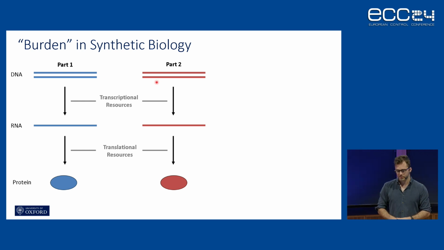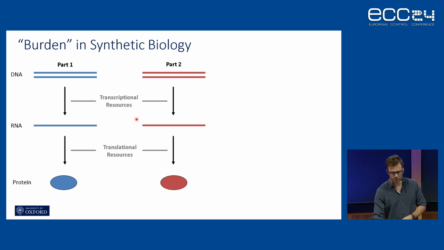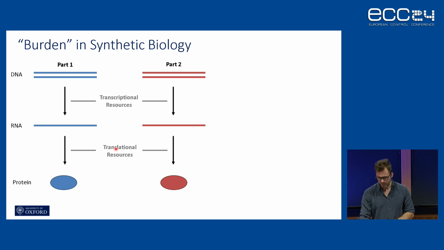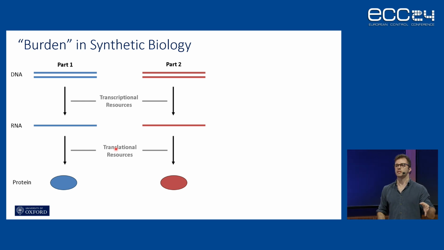But in practice, I turn my DNA into some RNA, which requires some transcriptional resources. I then turn my RNAs into proteins, which require some different, translational resources. And at both stages, they're drawing from the same pool of available food or mechanisms they need to do this. So there could be some problems already: if one guy is really greedy, the other guy might not have enough left to do what he needs to do.